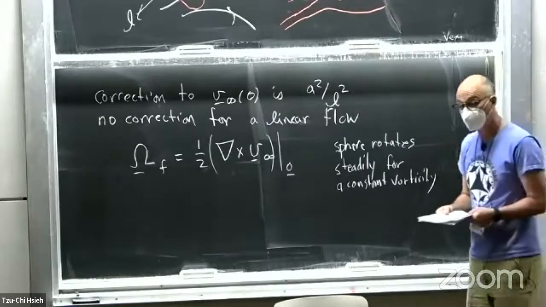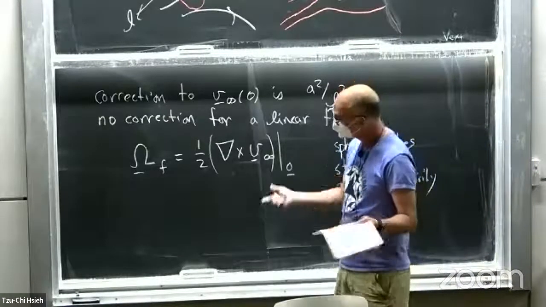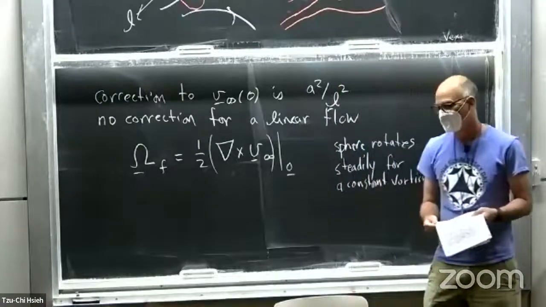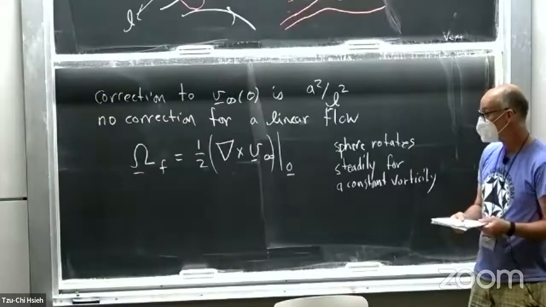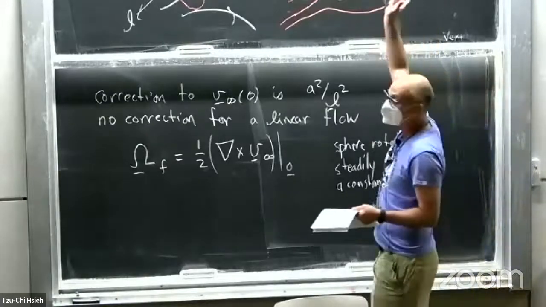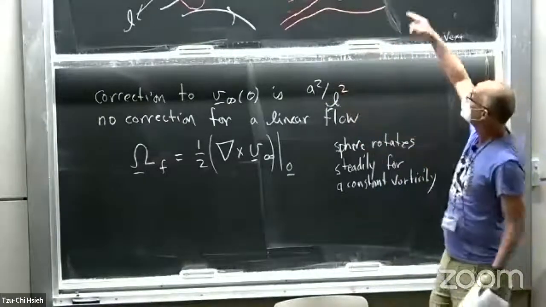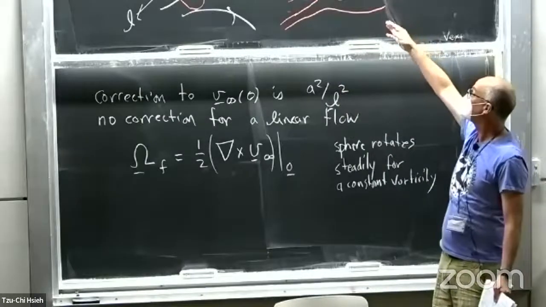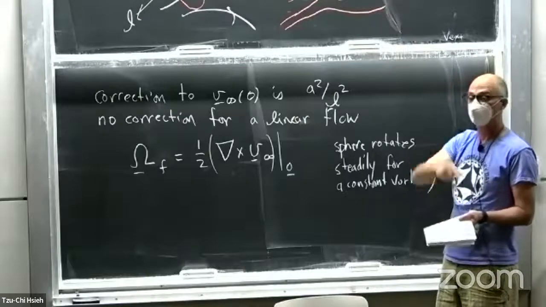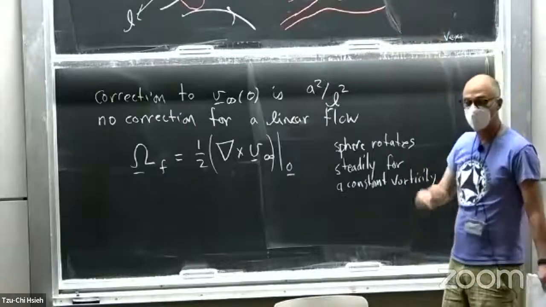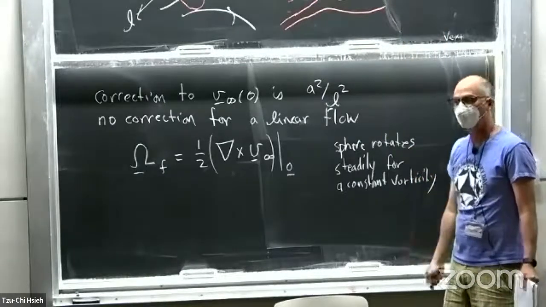There's no a squared correction. Slight change in vorticity? Yeah, no, there's no a squared correction. This is all exact because you basically have an expansion, and because the vorticity is harmonic and the velocity is biharmonic, all those higher order terms drop out.